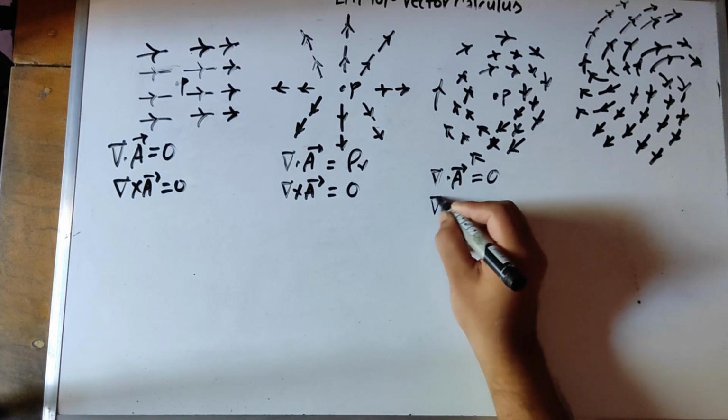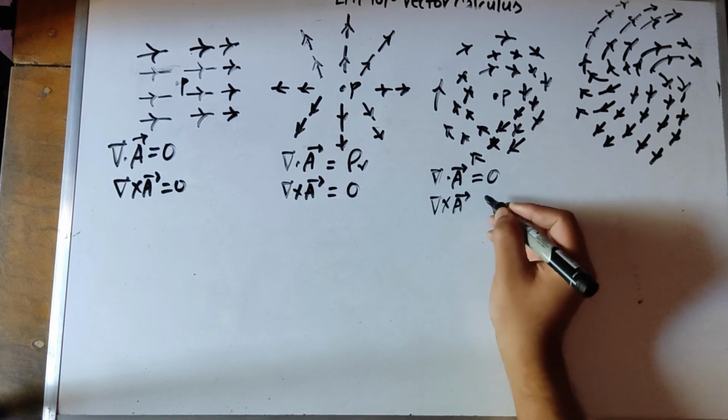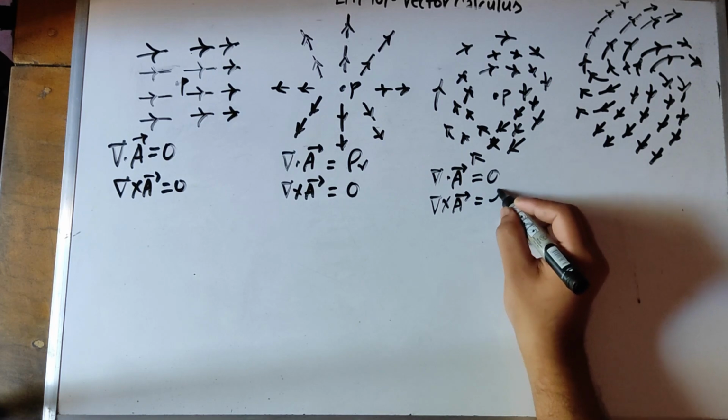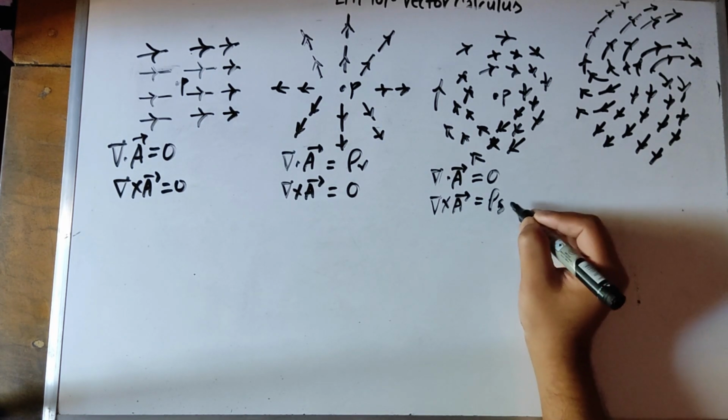So there is obviously curling of the vector, so there is circulation.